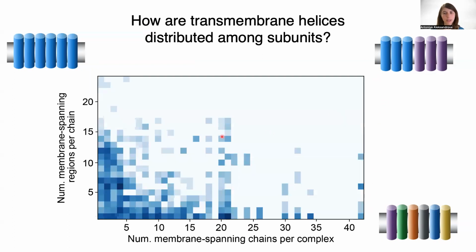So plotting it this way shows that individual chains rarely contain more than 12 transmembrane segments, but that there can be almost double this amount of subunits in a complex. In particular, we see that a lot of the really large complexes contain many individual subunits which span the membrane just once.